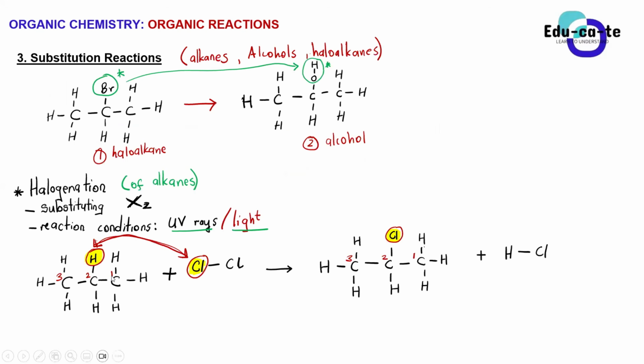Halogenation of alkanes simply means that we are substituting with X2. We are going to put a halogen. We exchange something with a halogen. That's a halogenation reaction. We need UV light to do that.